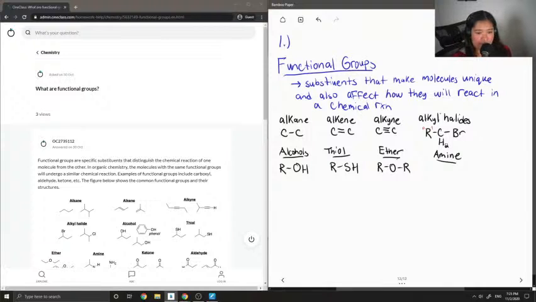For amine, this is when you have a nitrogen involved. So the simplest amine is just like an NH2 group or NH3. All right, NH3. And you can have a ketone.